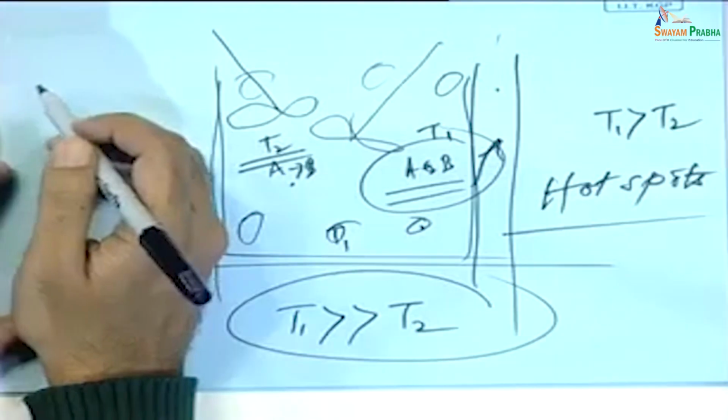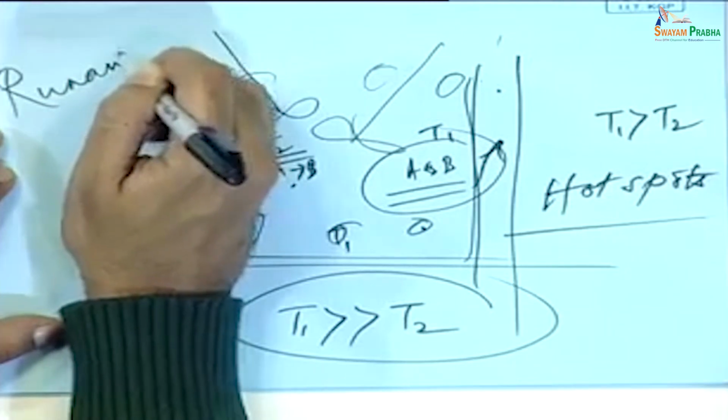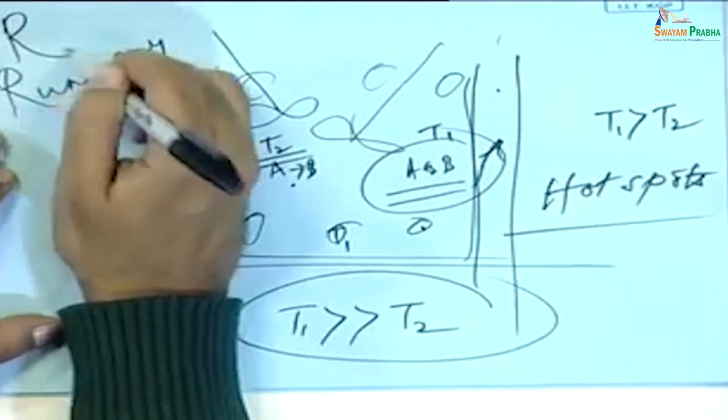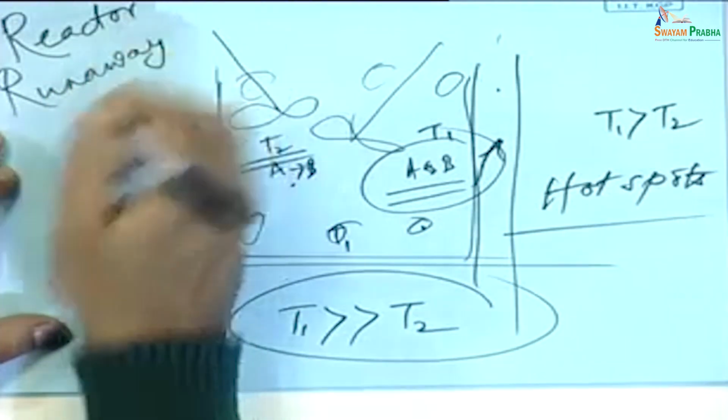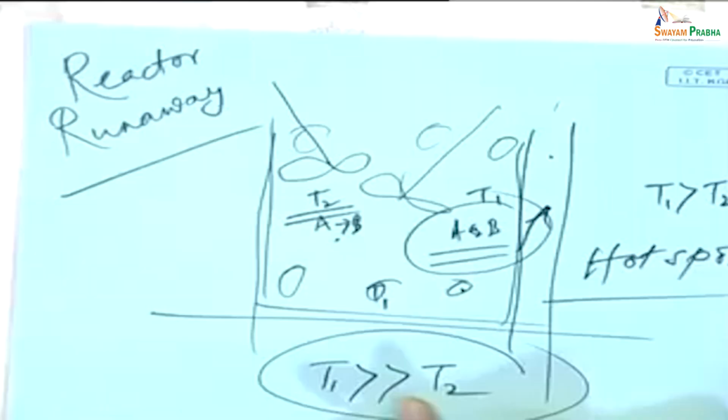So when a reactor blows up, it's not that the entire reactor blows up, it's not that the temperature in the whole reactor is very high, it's that certain parts of the reactor become extremely hot and cannot be handled, and it blows up, and that is called reactor runaway. This phenomenon is called reactor runaway.